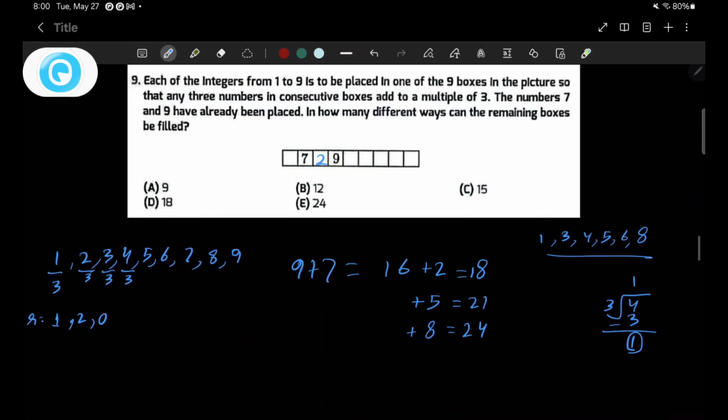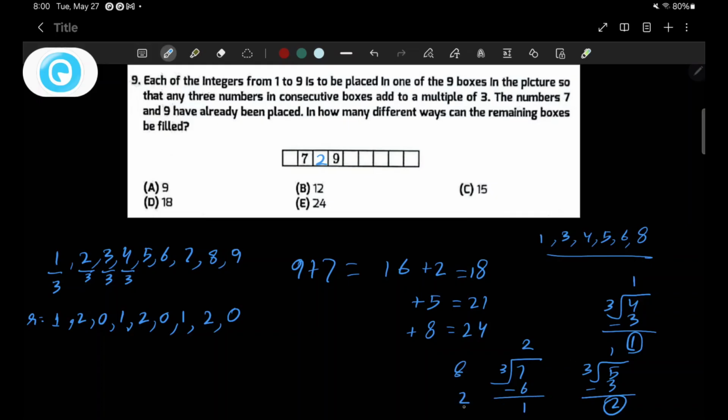So again 1. When 5 is divided by 3, 3 ones are 3, subtracted, 2 is the remainder. So 2, 0, 1, 2, 0. 7 divided by 3 gives us 3 twos are 6, and 1 is the remainder. Then again for 8, 2 will be the remainder.